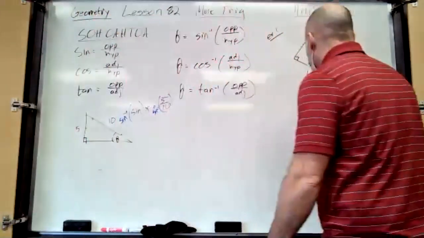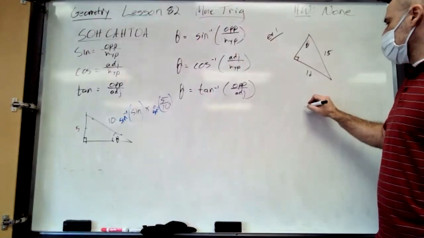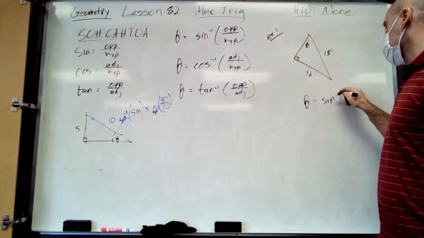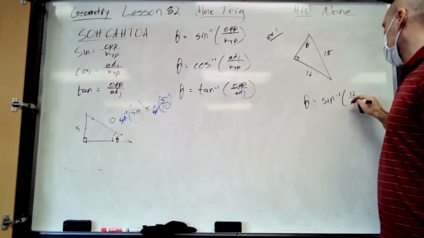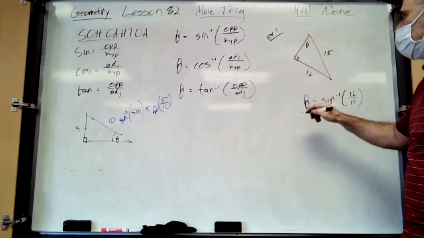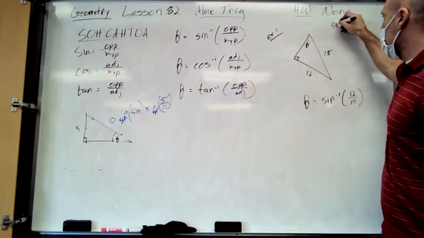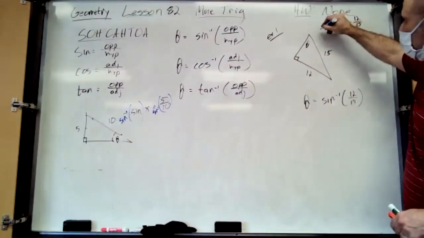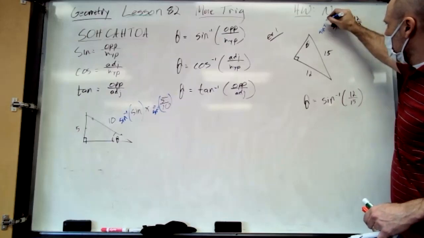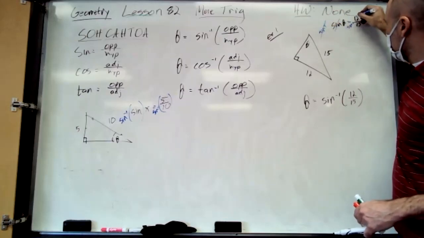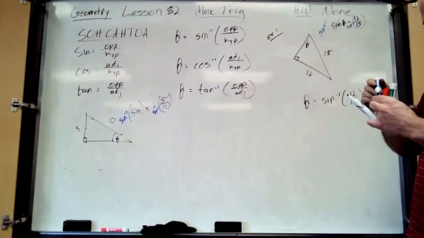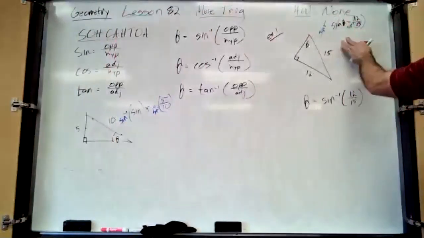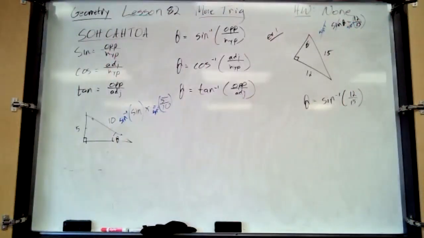I'm going to do it slowly. Do you see how, if you did it this way, you don't have to start with the weird thing that you have to memorize?